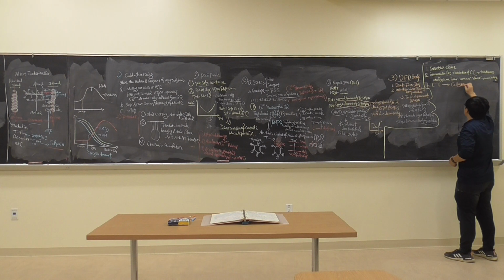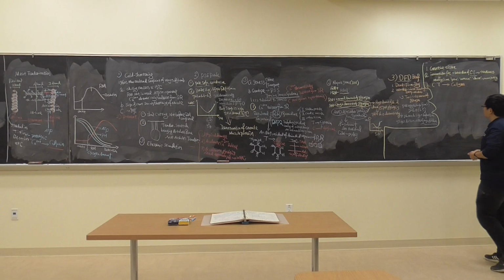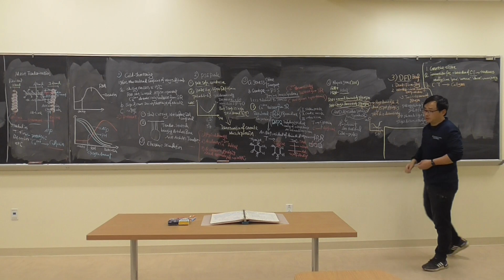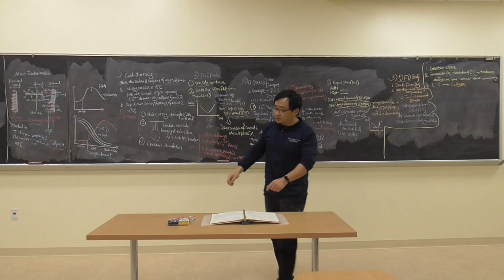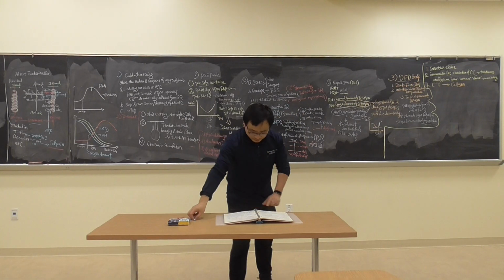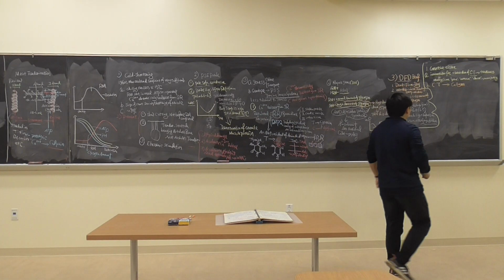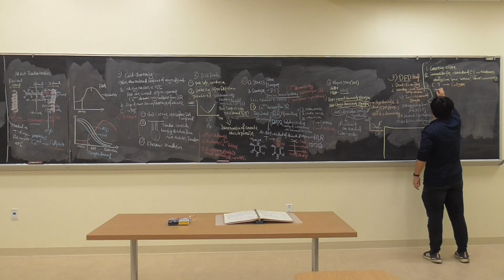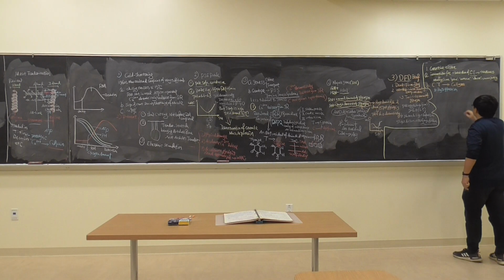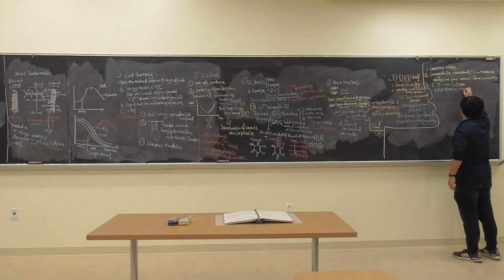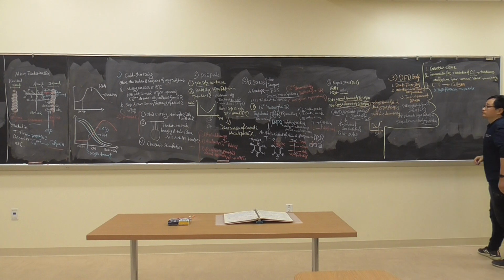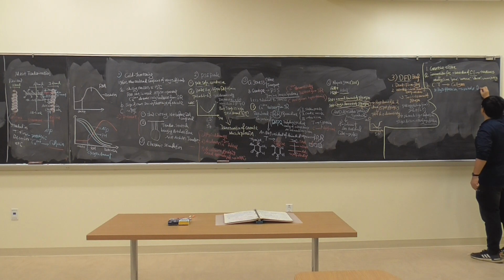So what does collagen look like? Under X-ray diffraction, if we use X-ray diffraction methods, you will see the collagen is a triple helix, a triple alpha helix.